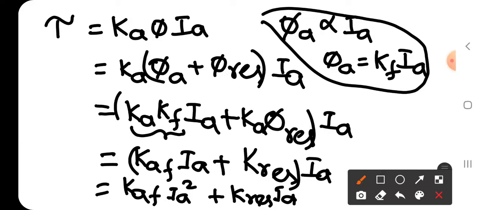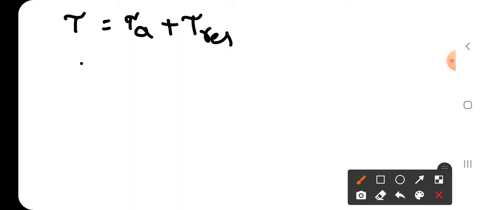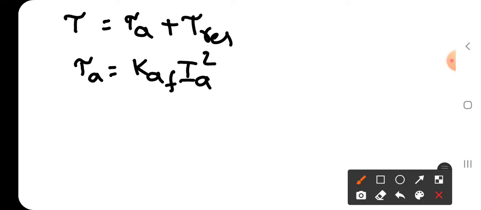So torque tau is equal to tau A plus tau RES, where tau A is equal to Kaf into Ia square and tau RES is equal to KRES into Ia.